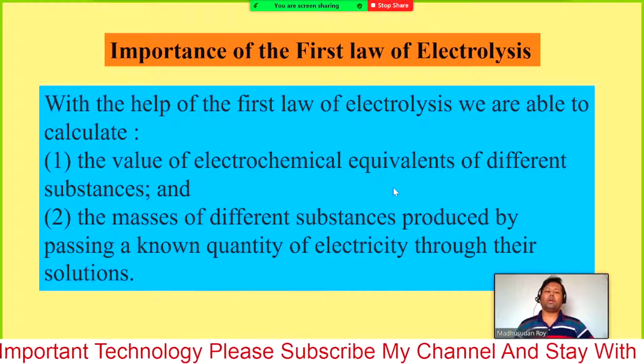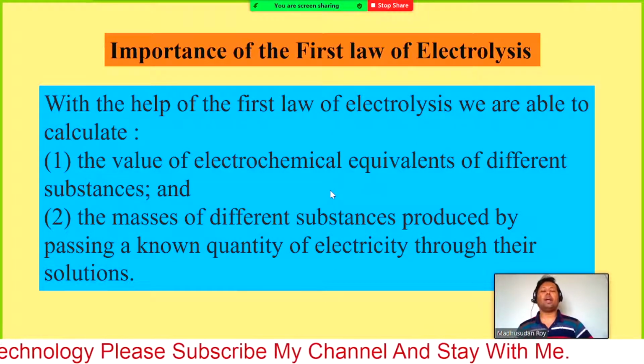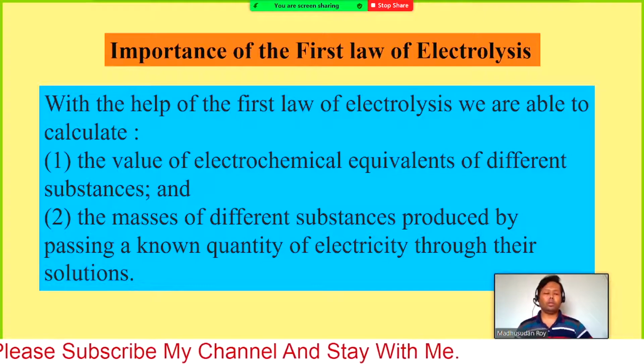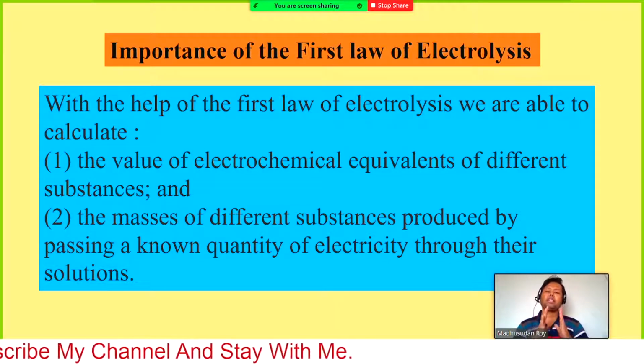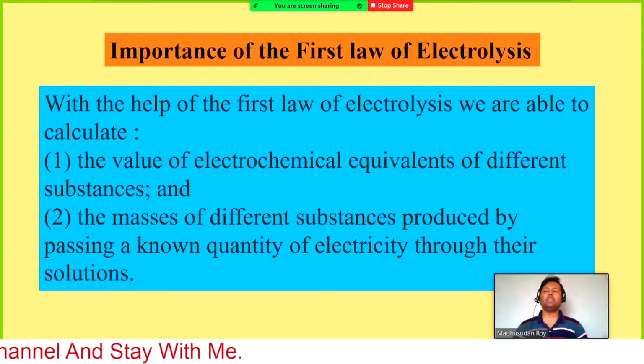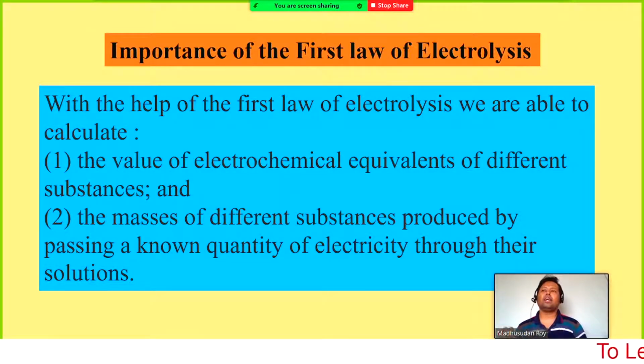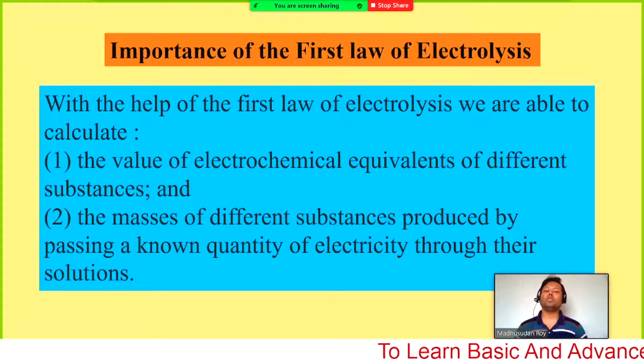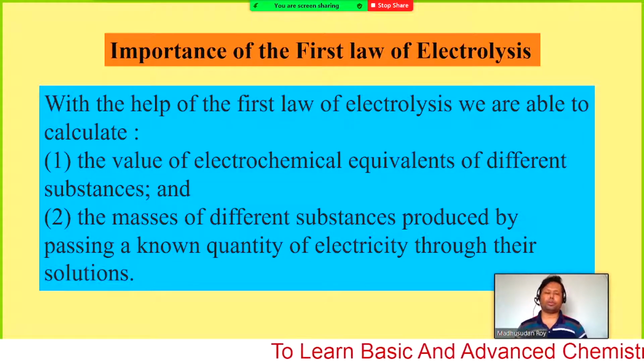So from the first law we also know that if you pass a certain amount of electricity for a specific period of time, then without measuring the amount you can get how much substance will be deposited on that electrode.